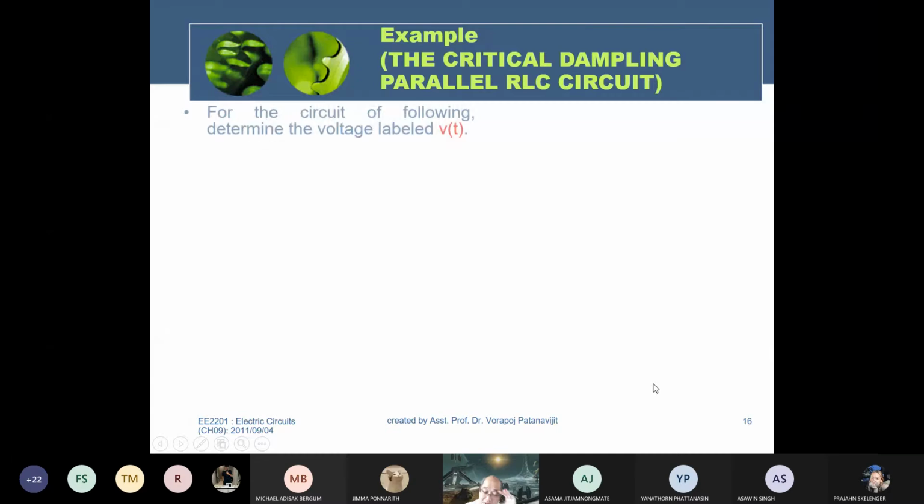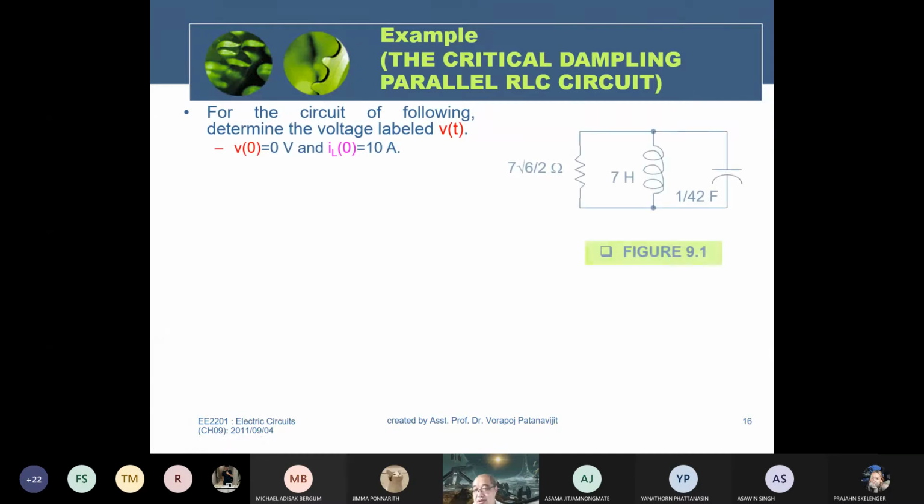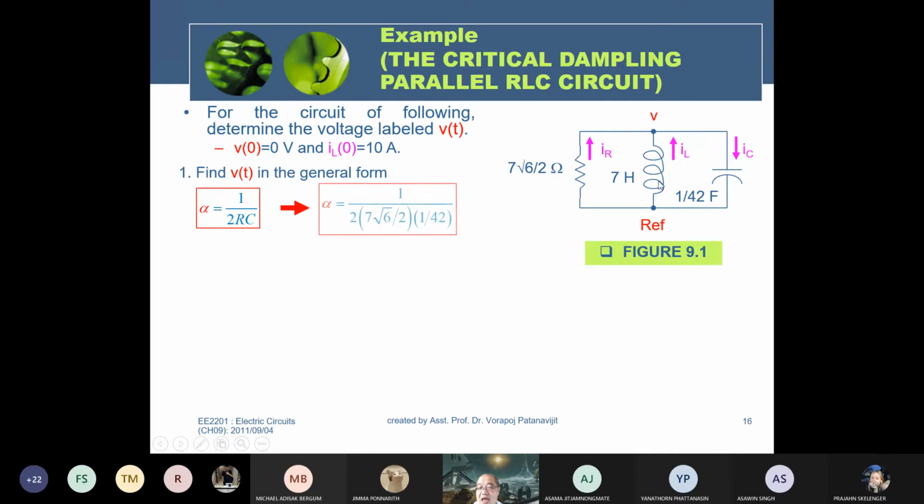Now the next step is a real example case. For the circuit in the following figure, determine the voltage V across this terminal. For this general form, you know R, you know L, you know C, so you can determine alpha.